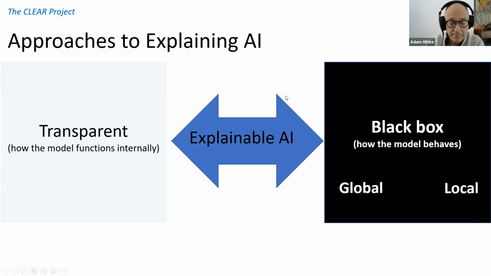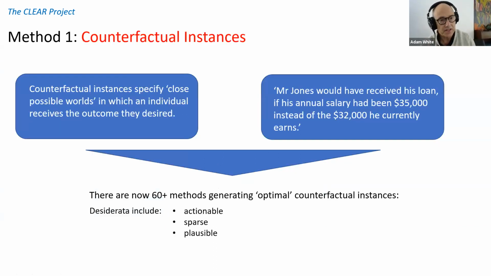Now CLEAR builds on the strength of two highly used explanation methods, but it also addresses their weaknesses. The first method provides a set of counterfactual instances, where a counterfactual instance specifies close possible worlds in which an individual receives the outcome they desired.